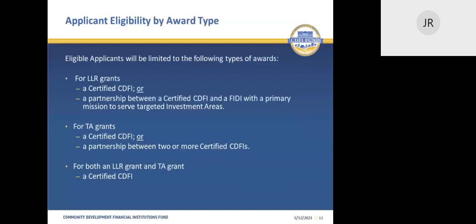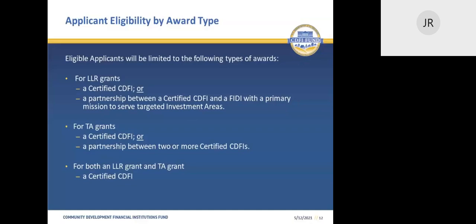The statute further describes how applicants can use the eligible awards. So for loan loss reserve grants, certified CDFIs applying individually are eligible, or a partnership between a certified CDFI and a FIDI, again, are eligible to apply for the loan loss reserve awards.